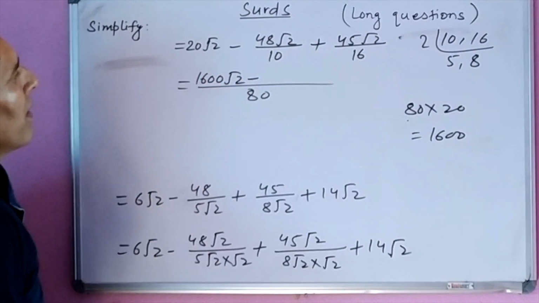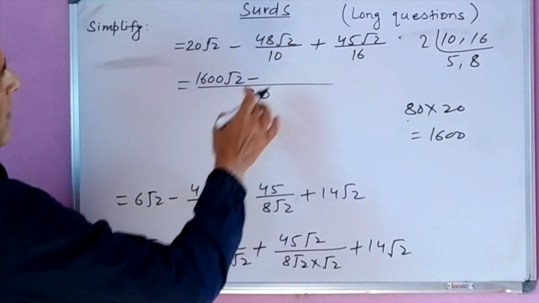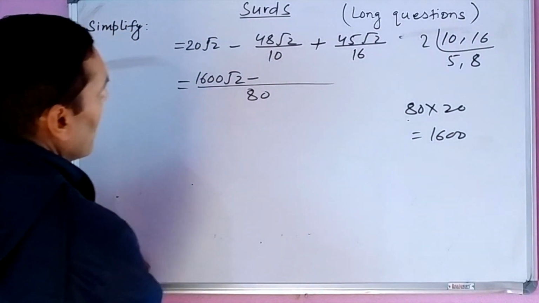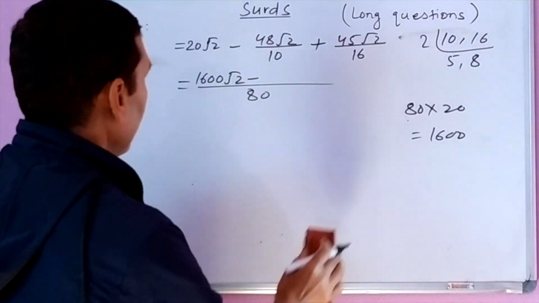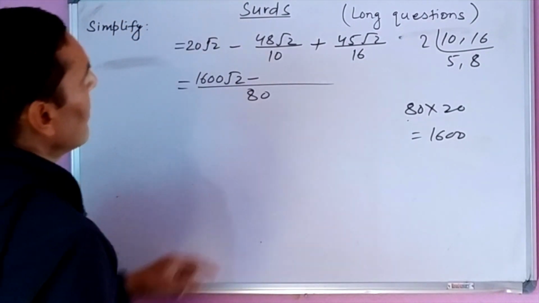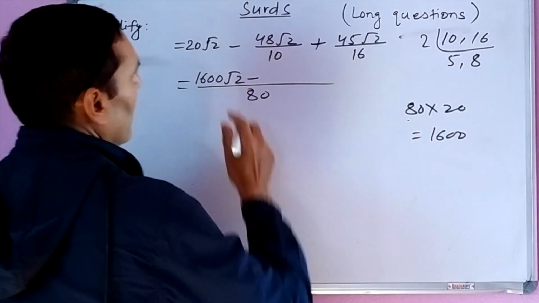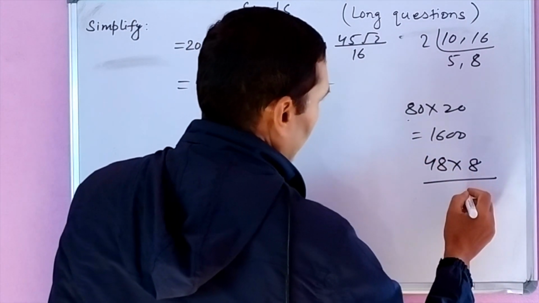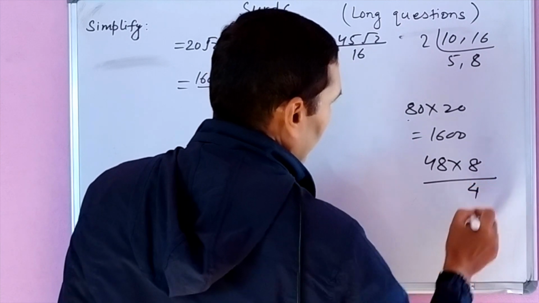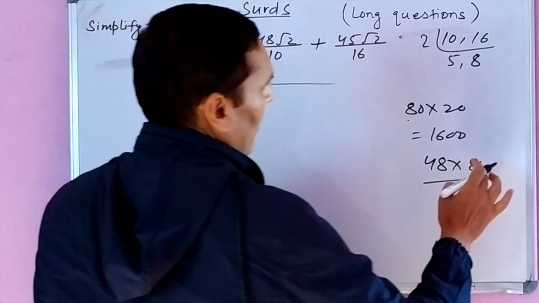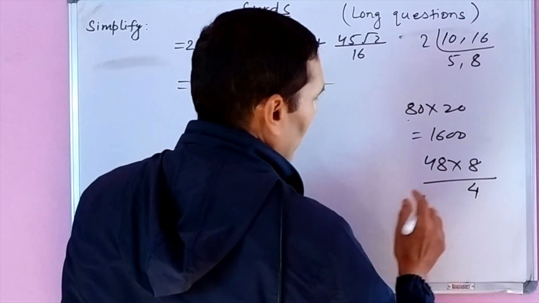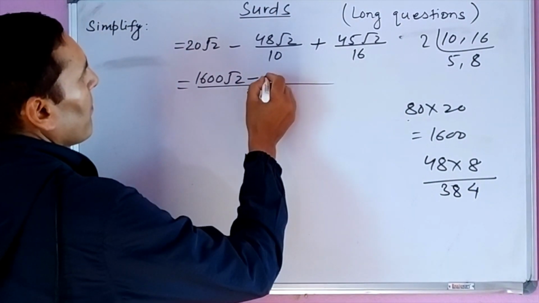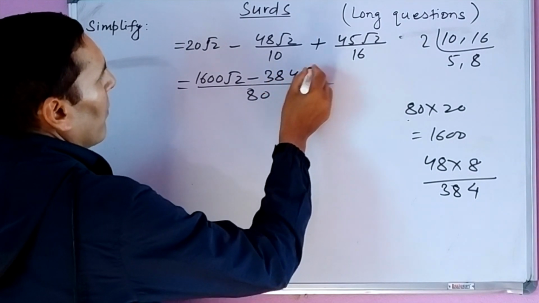root 2 minus 8 times. 10 divides 80 how many times? 8 times. So 8 into 48 is 384 root 2.